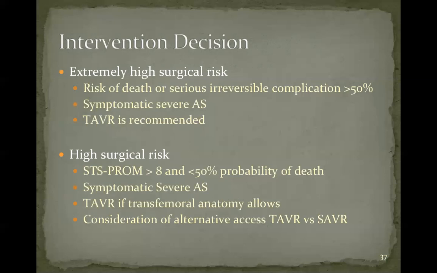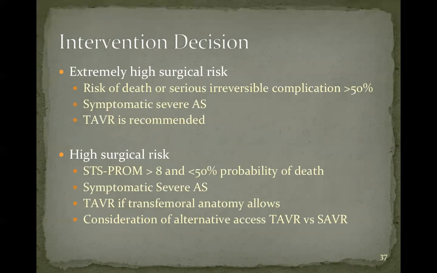And if they have severe symptomatic aortic stenosis, TAVR is recommended. If they're high surgical risk, so if their STS-PROM score is greater than 8 and they have less than a 50% probability of death and severe symptomatic aortic stenosis, transcatheter aortic valve replacement can be performed if transfemoral anatomy allows.